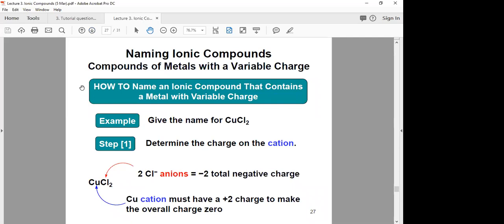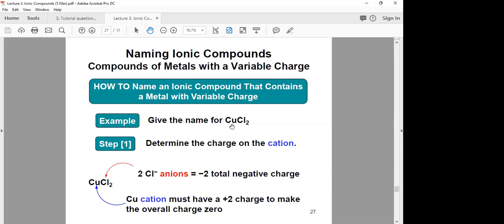All right, naming still. How to name an ionic compound that contains a metal with a variable charge. Remember back to slide 14. Give the name for this particular compound here. Firstly, determine the charge on the cation. That would always be written first. But if you were to look up Cu, which is copper, you would find that it can form different charges.